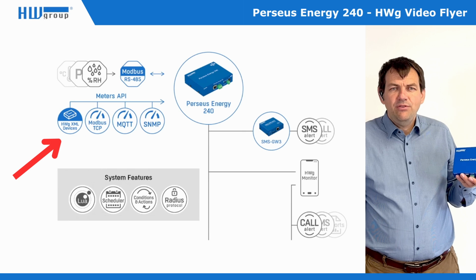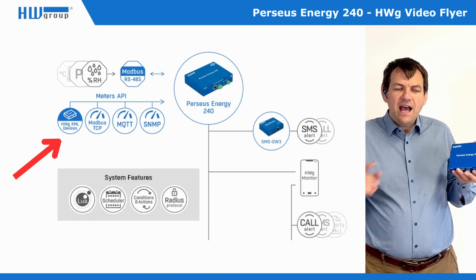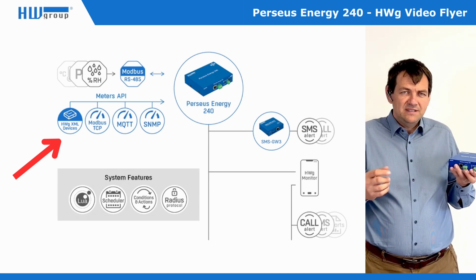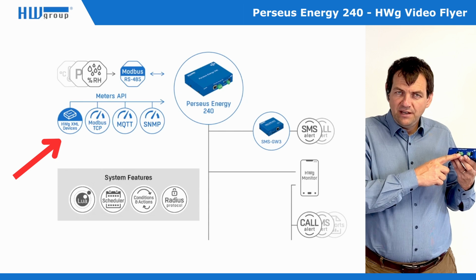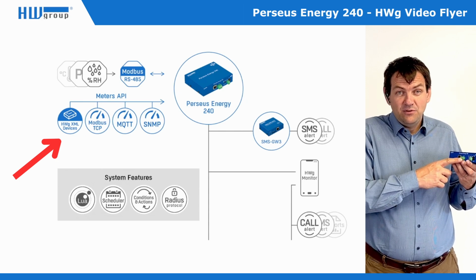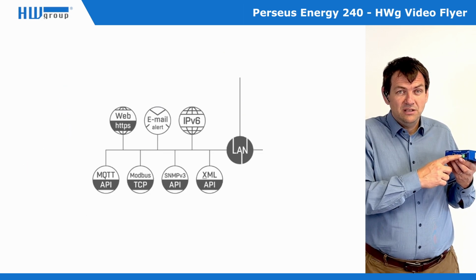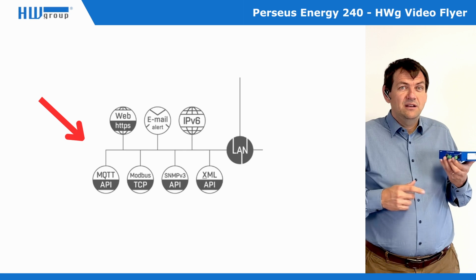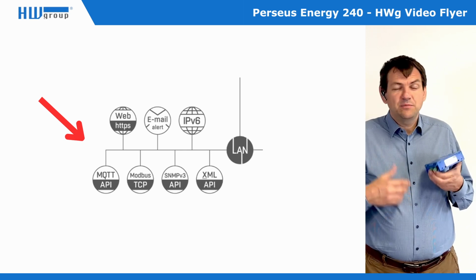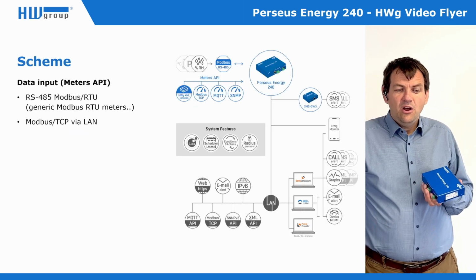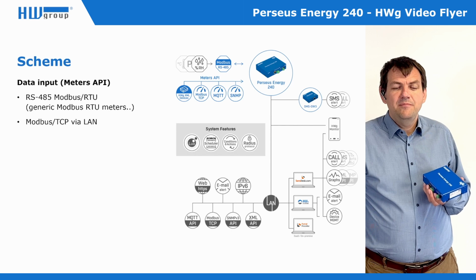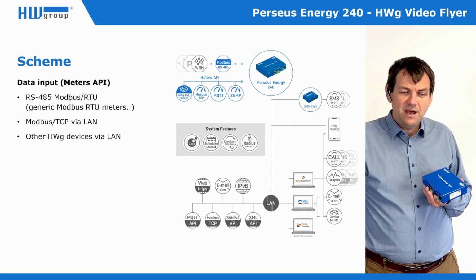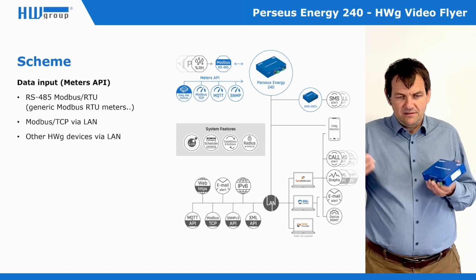So we can do many things with the data inside, either with the sensors connected to RS-485, but the same is for the sensors which are connected to the Ethernet, so either Modbus TCP or the other protocols which are available. All this data are in the Meters API, and with Meters API you can do many things.